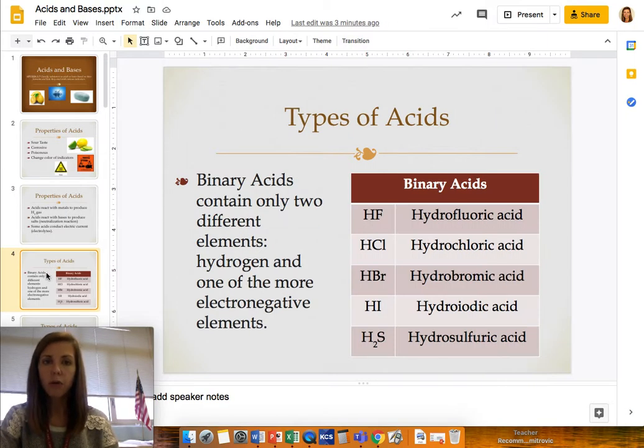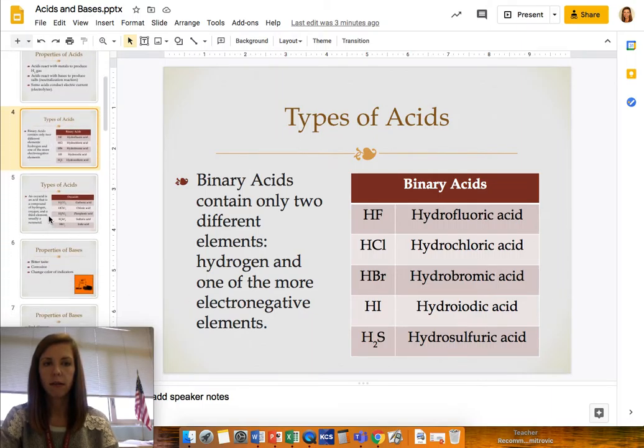So just as a quick review, we've talked about acids before when we did naming, but binary acids contain only two elements, H and one other thing, and they all have the prefix hydro. So hydrofluoric acid, hydrochloric acid, hydrobromic acid, any of those things.